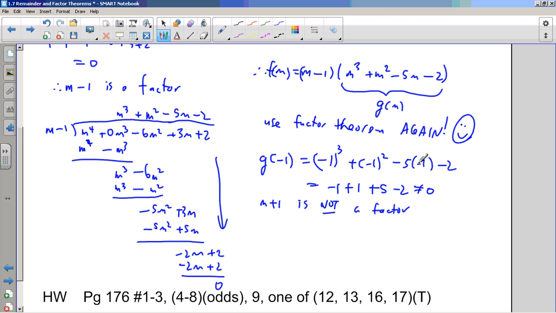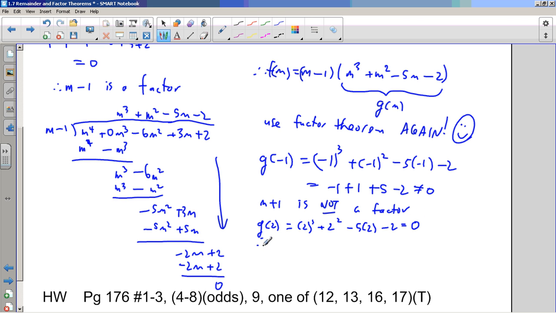Well, we don't want to be here all day. Let's try g at 2 again. So g at 2, and that's 8 +4 -10 -2 is 0.